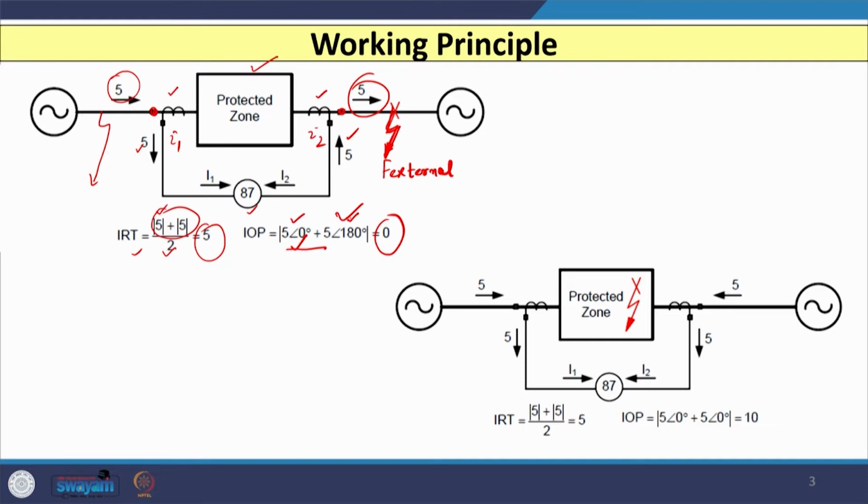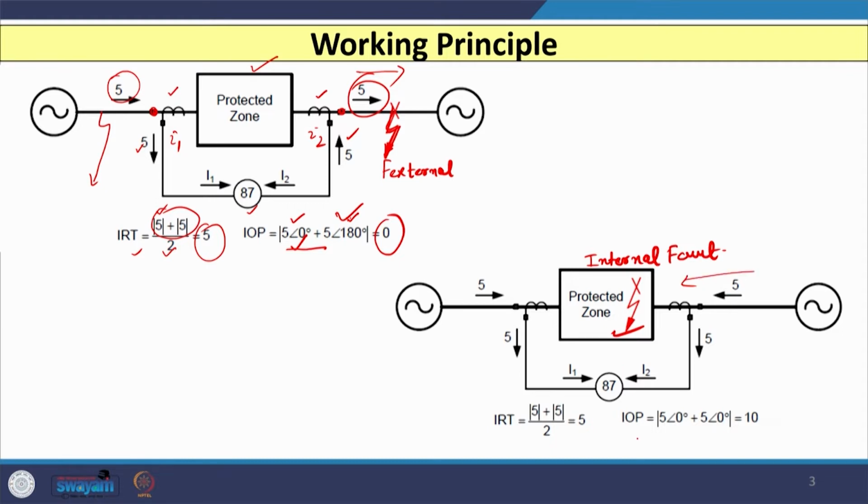Now, let us consider the other case, when a fault occurs inside the transformer. This is the case of an internal fault occurring inside the winding of the transformer. In the earlier case the direction was this, but when an internal fault occurs, this direction reverses.